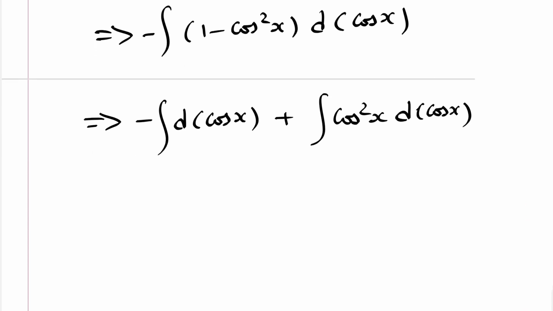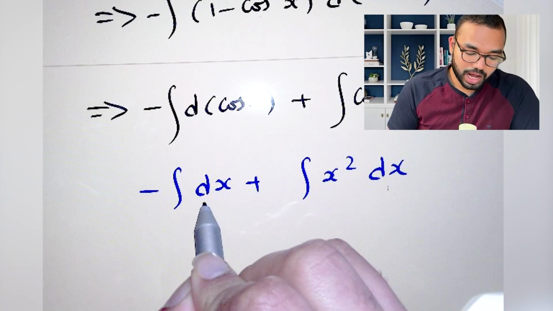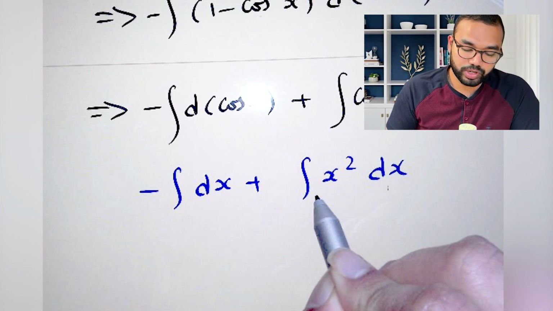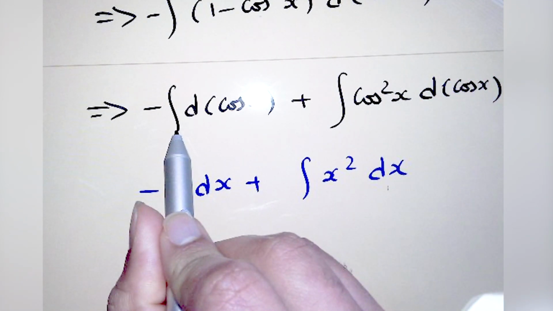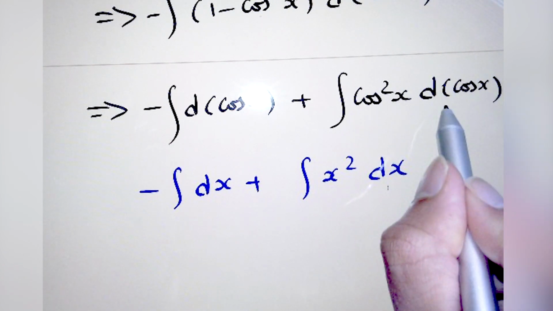Isn't this looking like our standard formulas? Minus integral dx plus integral x square dx, right? But we just have cos x. We know how to integrate dx and integral x square dx. In the same way, we can integrate d of cos x and cos square x d of cos x.